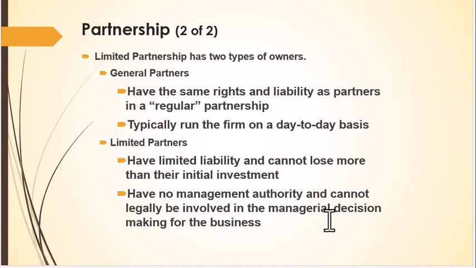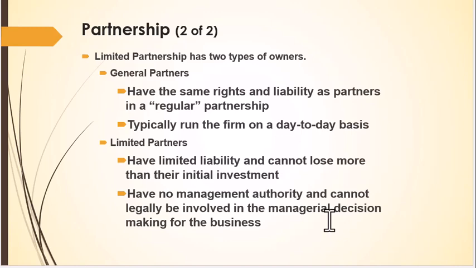A limited partnership is a variation of this where they actually have two types of owners. We have a general partner, liable for everything that happens inside the company. They typically run the company. Limited partners have limited liability. They can't lose more than what they've invested in the business, but they also have no management authority and cannot be legally involved in any of the decision making for the business.